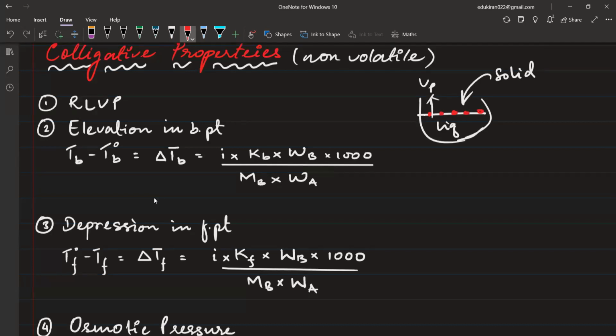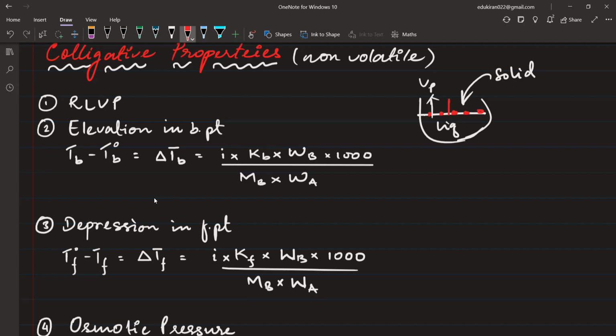Please remember, they are not only acquiring the space at the surface, they are replacing the solvent molecules and acquiring the surface. That means initially when we had 100 molecules of solvent, now we have only 50 and 50 of them are for solid, let us suppose.